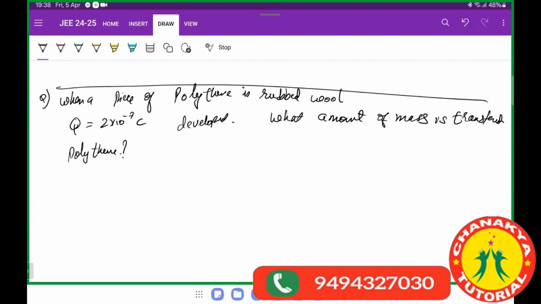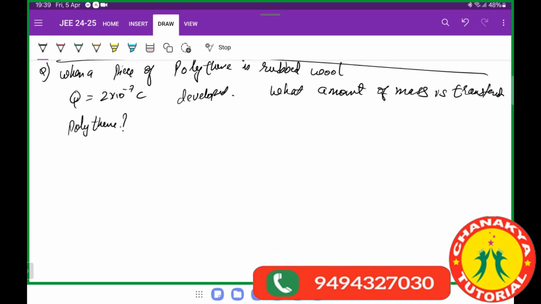And by the way, will mass transfer or not? It will. If electrons are transferring, the mass is also transferred. Let's choose some easy questions first.